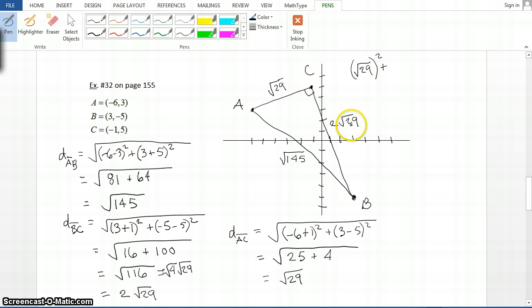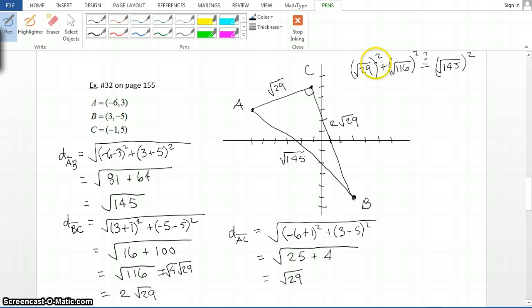Instead of writing 2 square root 29, let's write the square root of 116. So I'm going to end up squaring that. We want to see, is that equal to the square root of 145 quantity squared? That's the question. That's what we're trying to verify.